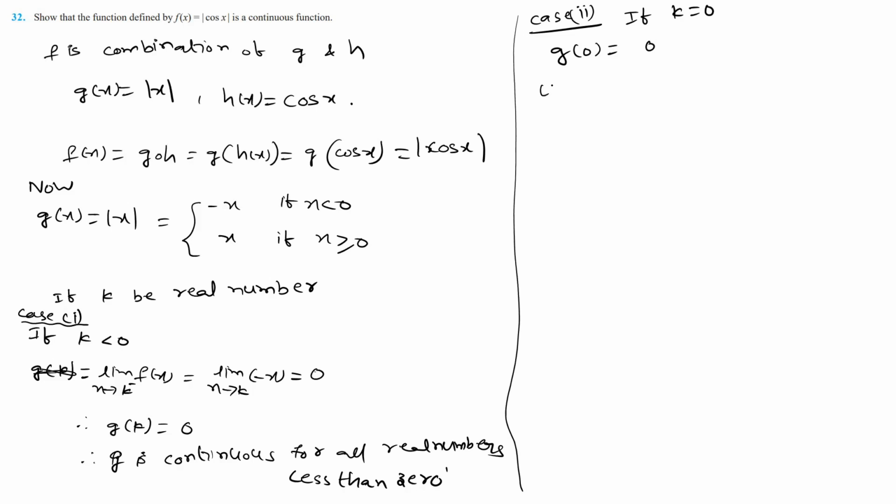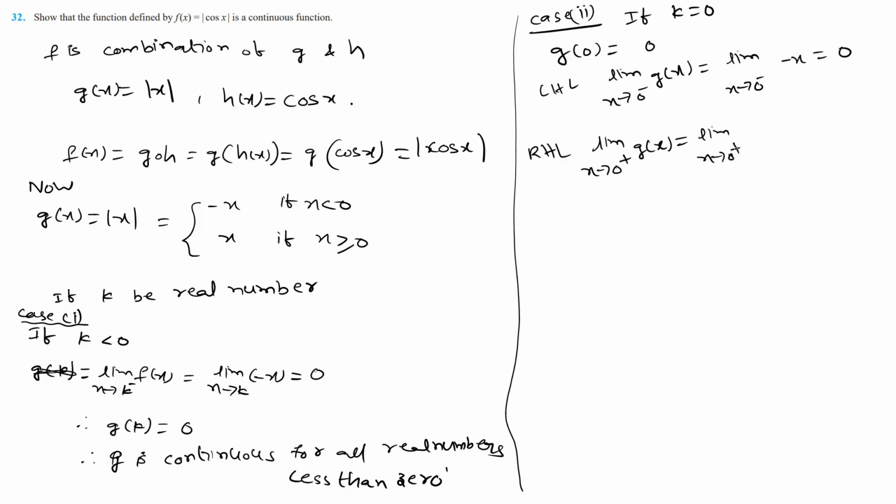Next, the limit function. LHL: the limit as x tends to 0 minus of g of x is equal to the limit as x tends to 0 minus of minus x, finally we will get 0. Even RHL: the limit as x tends to 0 plus of g of x is the limit as x tends to 0 plus of plus x only.